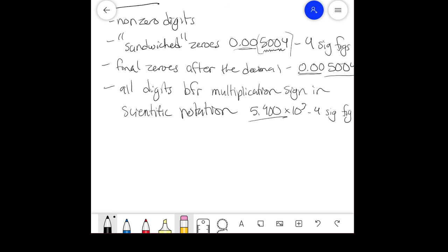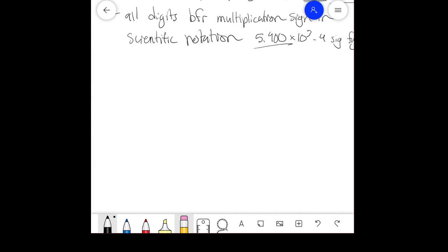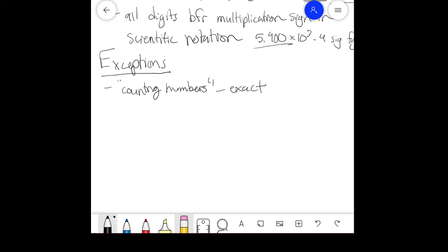So, and then there are some exceptions, just like language. Exceptions are going to be counting numbers. So that's going to be numbers which are counted or are exact. And they're going to have infinite sig figs.